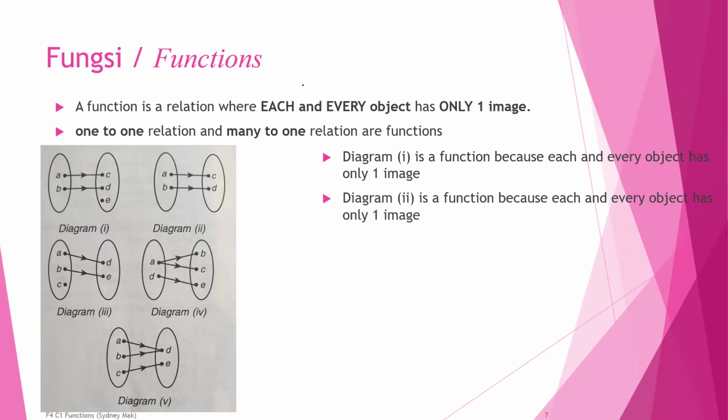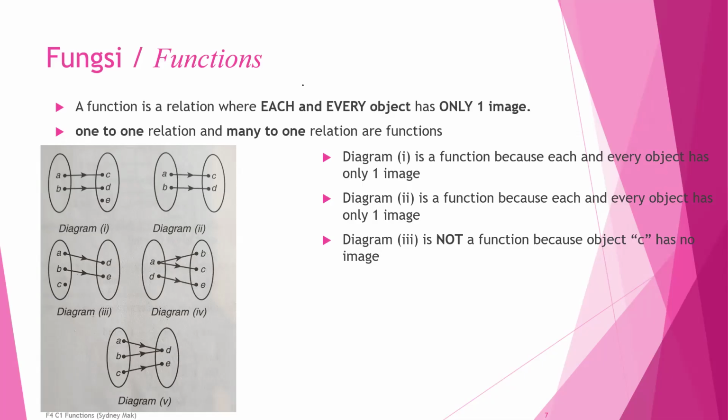You listen to what you say. Does C have any image? No. Then will that be a function? It doesn't fulfill the requirement whereby each and every object has an image. So diagram 3 is not a function because object C has no image.